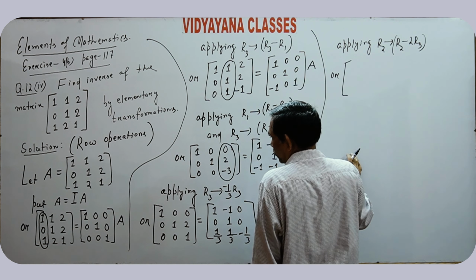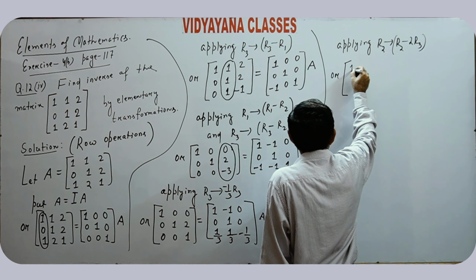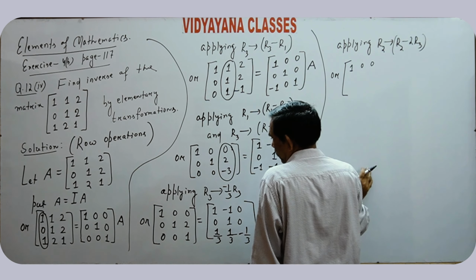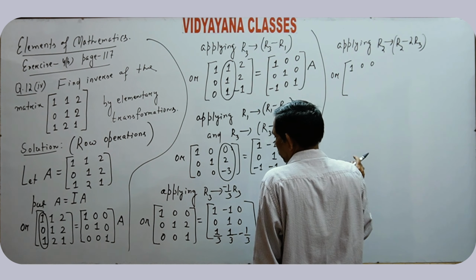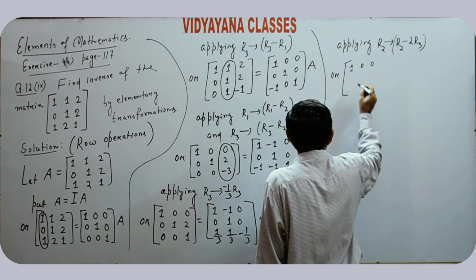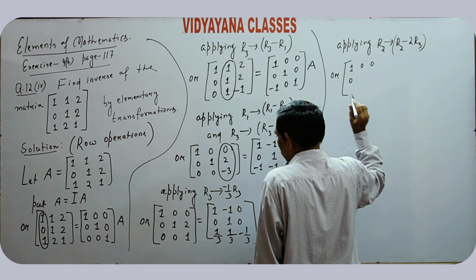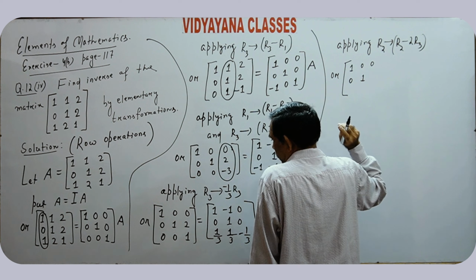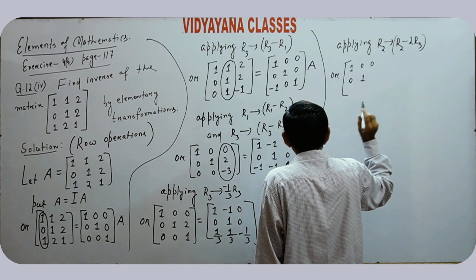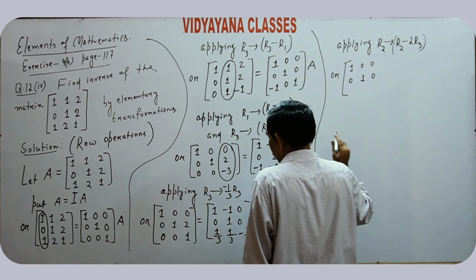No change of row 1. Row 2 is replaced by row 2 minus 2 times of row 3. 0 minus 0 is equal to 0. 1 minus 2 times 0 is equal to 1. 2 minus 2 times 1 is equal to 0.